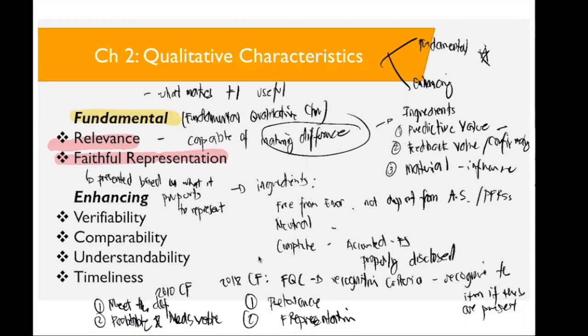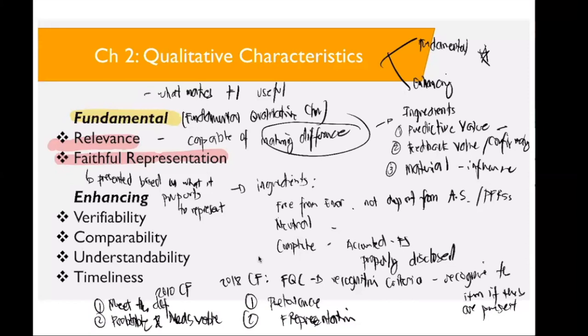Therefore again, you must meet the definition. What is the definition of an intangible asset? Under the standard, an intangible asset is a separately identifiable non-monetary asset without physical substance. So if that definition is met, then we can say it is an intangible asset. So we only compare here the recognition criteria as compared to your previous conceptual framework.